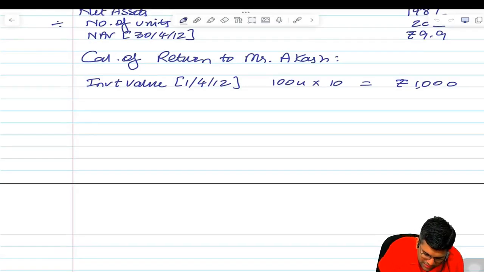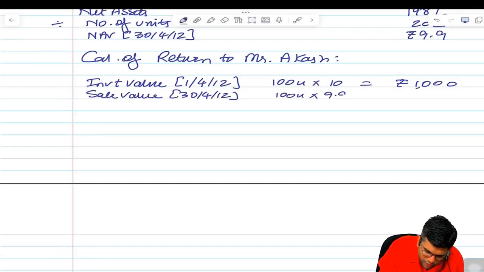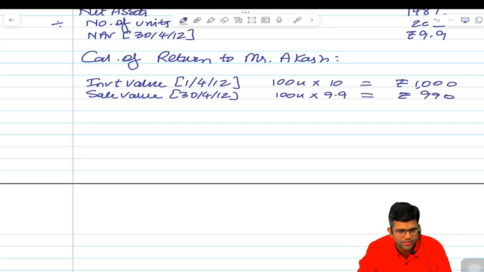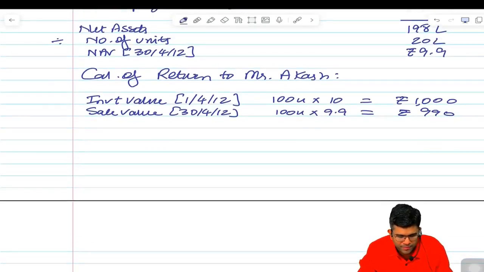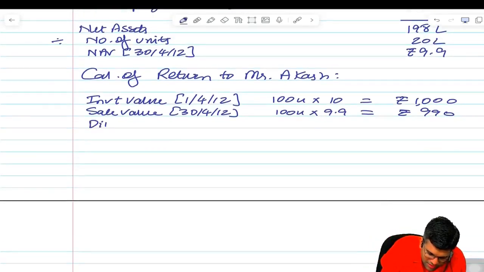So I'll write here sale value. Sale value on 30th April 2012. 100 units, can I say he sold for 9.9 and therefore must have received 990 rupees. Everybody clear? 9.9 now NAV at the end we have calculated. But apart from this, do you realize he would have got some dividends also?